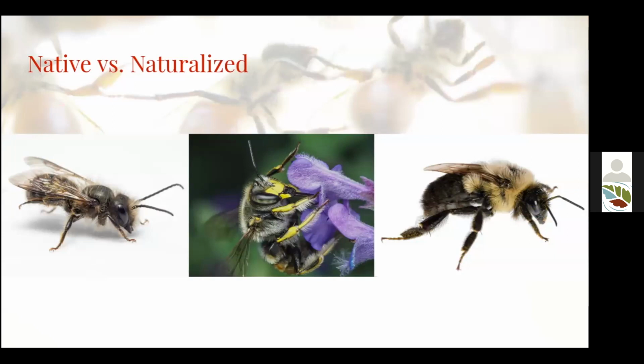But as humans, we've moved things around quite effectively. We know how to do that. And so we've introduced a whole range of different bees to this area. At this point, they are pretty naturalized and may make up an important portion of pollination. But it's really the native bees that we're focusing on.